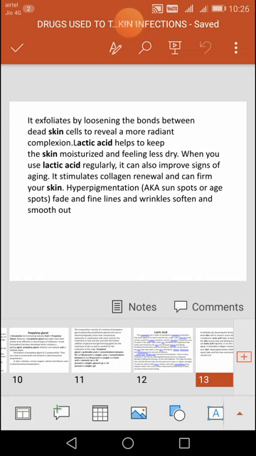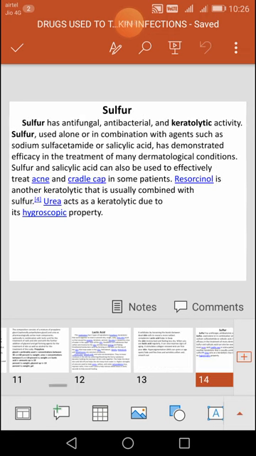When you use lactic acid regularly, it can also improve signs of aging, stimulate collagen renewal and firm your skin. Hyperpigmentation fades, fine lines will be cured and wrinkles will be softened and smoothed out. That is why the signs of aging, that is the wrinkles, will be removed earlier.